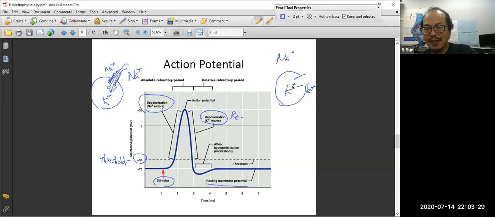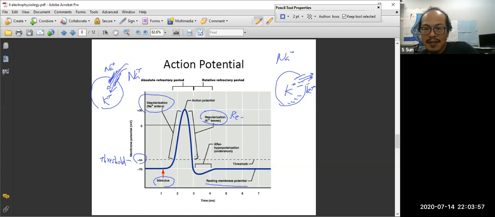It will move out, right? Because there is more potassium in the cell. And because potassium is a positive ion, its moving out makes the inside more negative. So we have the repolarization when the potassium channel opens.